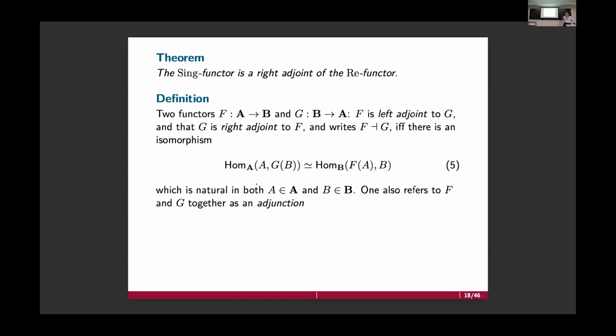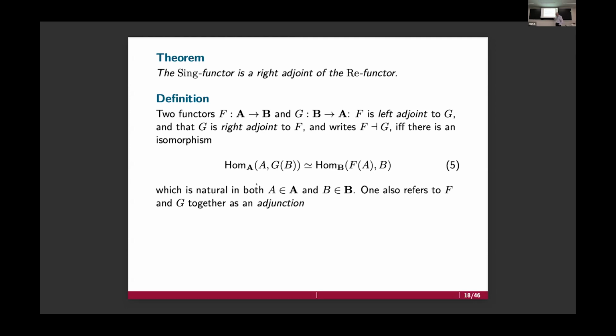So let me recall, for those who are not so familiar with category theory, two functors between two categories, where the categories now are the fuzzy simplicial sets and the geometric simplicial complexes. You have two functors. One is the left adjoint, and one is supposed to be the right adjoint of the other. So this is a relation between two functors. And here, this one F appears on the left, so that's why it's called the left adjoint.